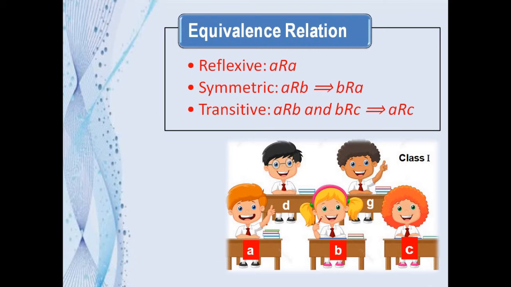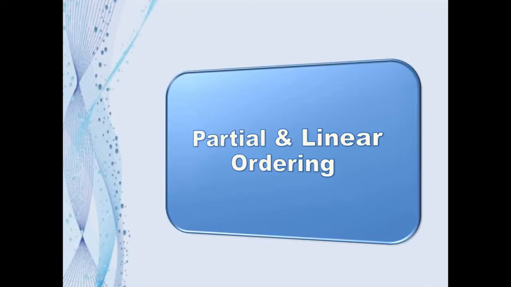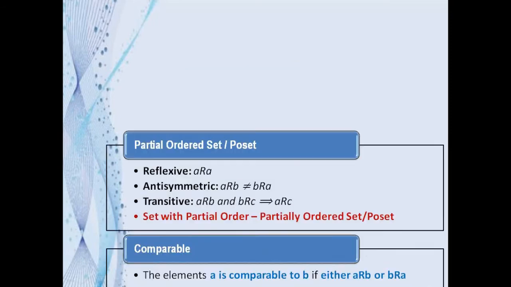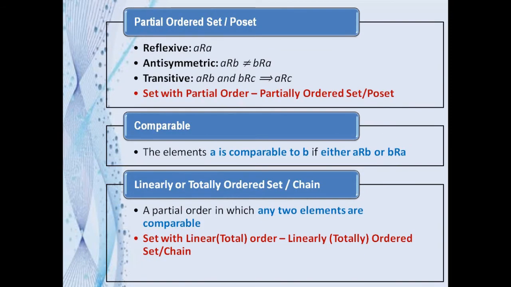And the second special relation is the partial order relation. If a relation defined on a set S satisfies some properties such as reflexive, antisymmetric and transitive, then we say that the relation is a partial order relation. Here we already know what reflexive and transitive are. And antisymmetric is new to us, which is nothing but the opposite of the symmetric property.